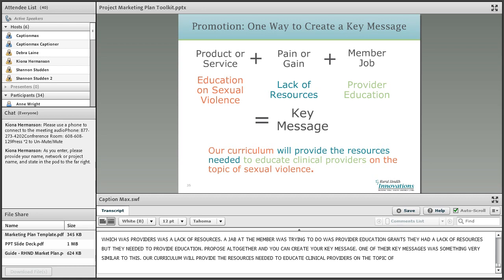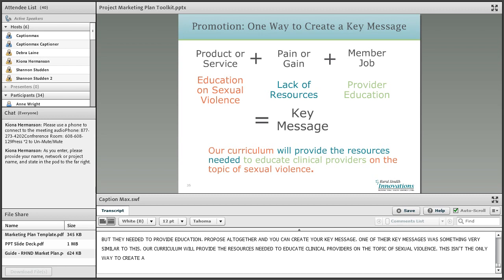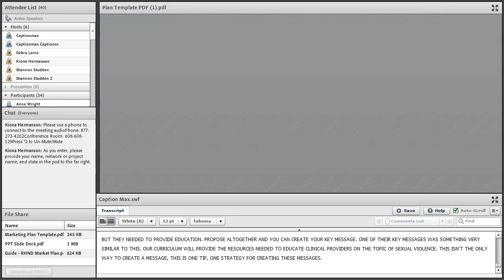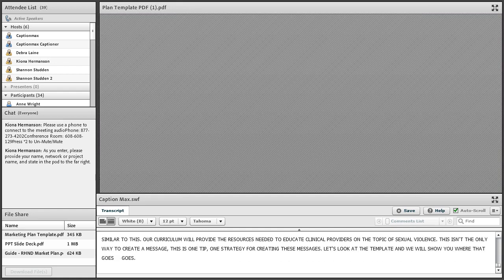A job that the member was trying to do was provider education. So they had a lack of resources, but they needed to provide education. Put those all together and you can create your key message. So one of their key messages was something very similar to this. It was our curriculum will provide the resources needed to educate clinical providers on the topic of sexual violence.